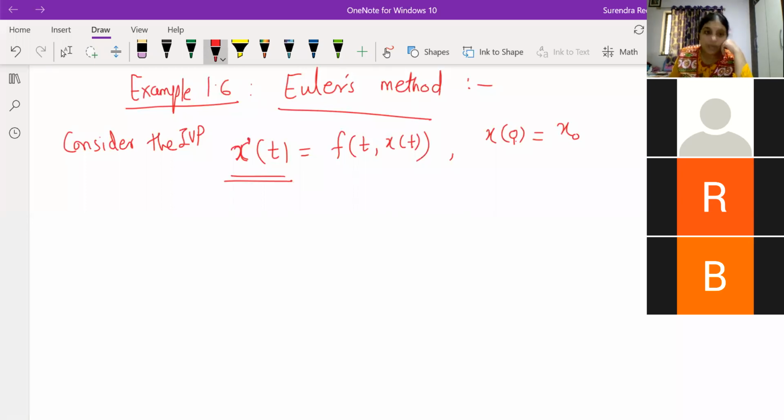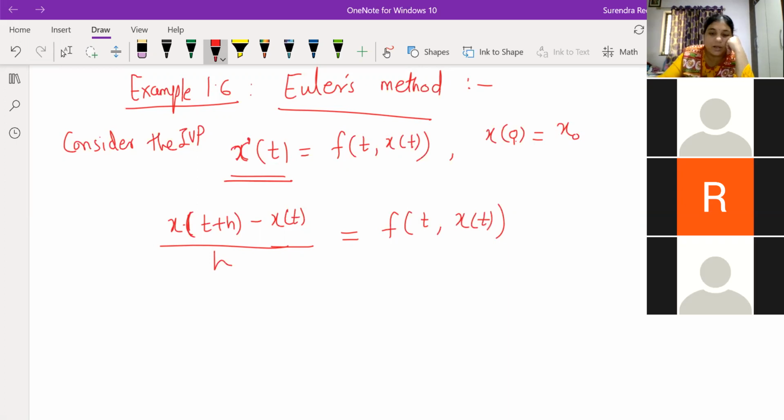What is the approximating value of x dash of t? x dash of t is nothing but limit h tending to 0, x at t plus h minus x of t divided by h. If I remove the limit, I can replace x dash of t with its approximate value like this. So I will get here x of t plus h minus x of t divided by h, which is nothing but f of t comma x of t.